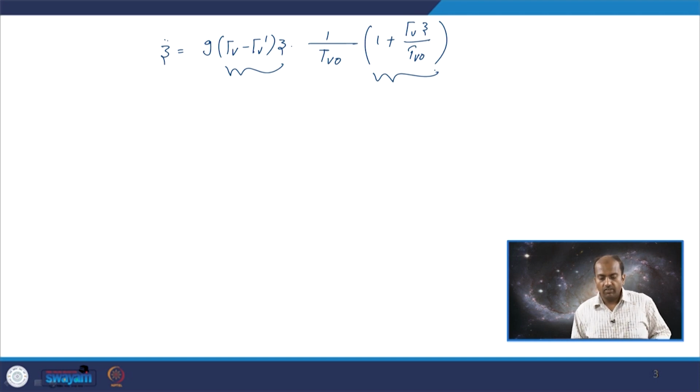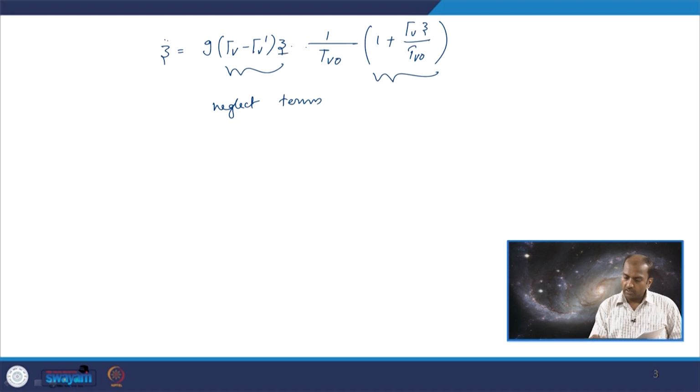G by T V0 can stay outside. And then we neglect terms with Z square, because there is a Z here and there is a Z here.